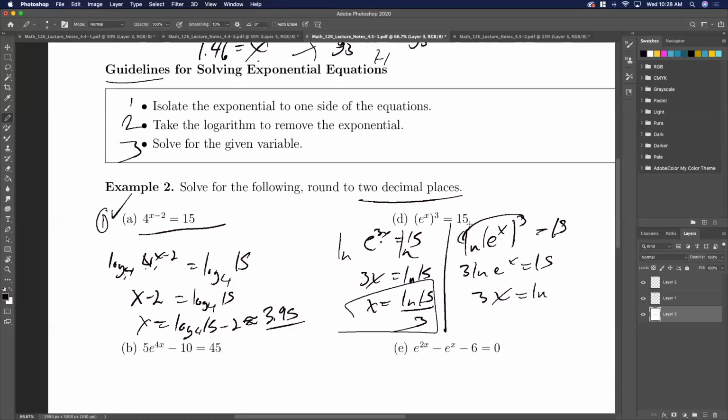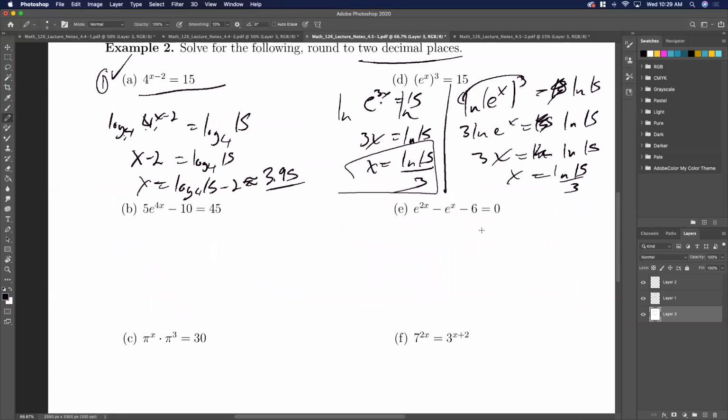This should all say ln 15. And it ends up working out to be the same number. Yeah, I screwed up. Sorry about that. Okay. All right.